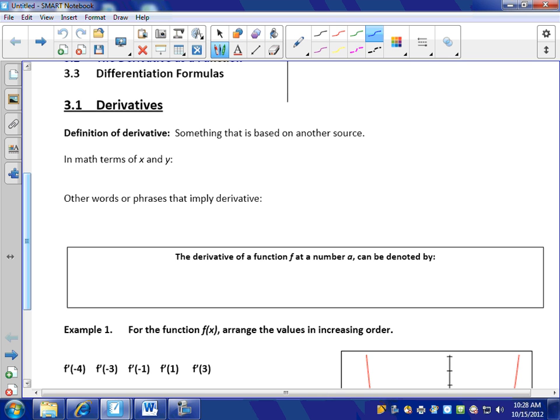Derivative. Definition of derivative. A derivative is something that is based on another source. So in terms of x and y, here's how we say what the derivative is.